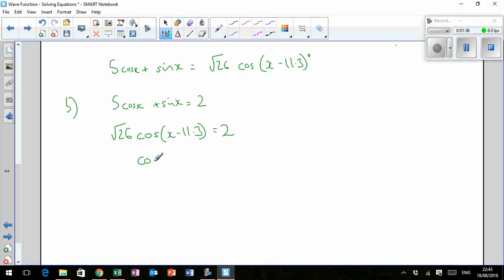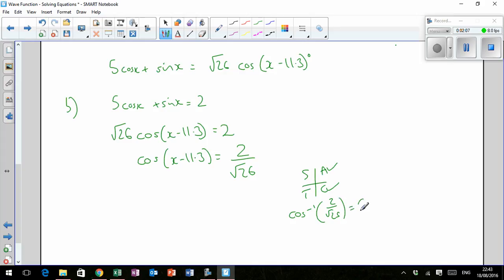We're going to cancel out that root 26 by dividing by root 26, so it's 2 over root 26, and then we're going to deal with the cosine. We're talking about cos, we're talking about a positive, so we're talking about the first quadrant and fourth quadrant, and we do the inverse cos of 2 over root 26, which is 66.9 degrees.